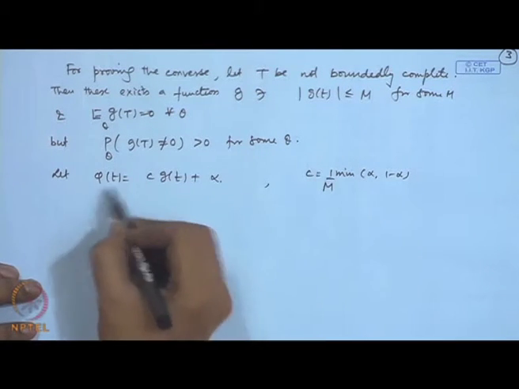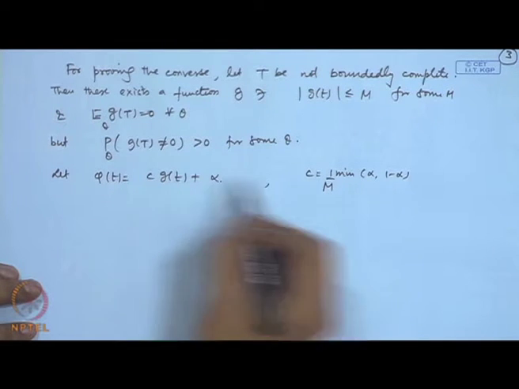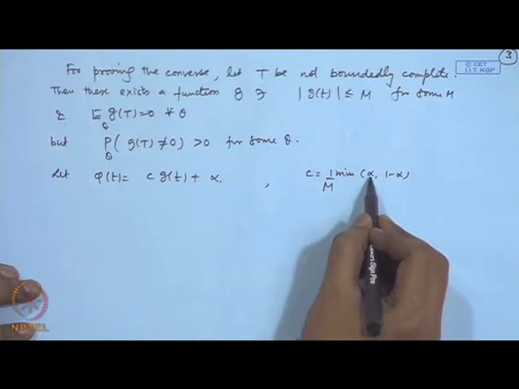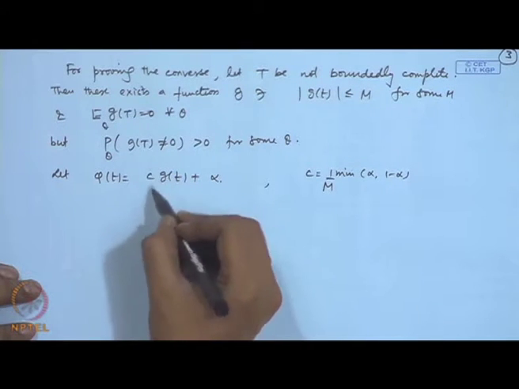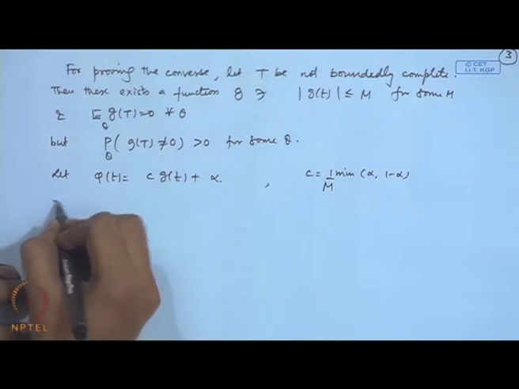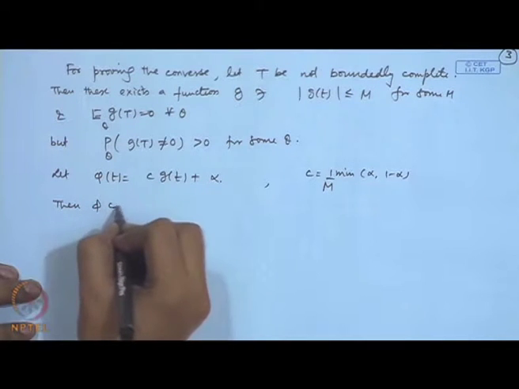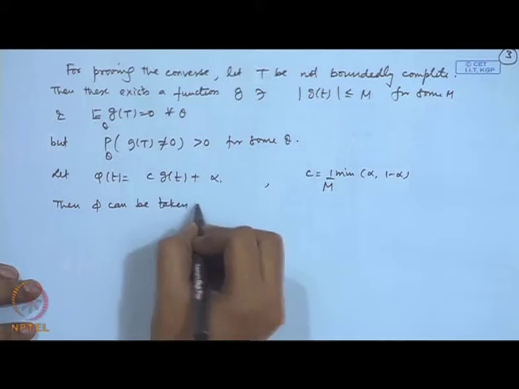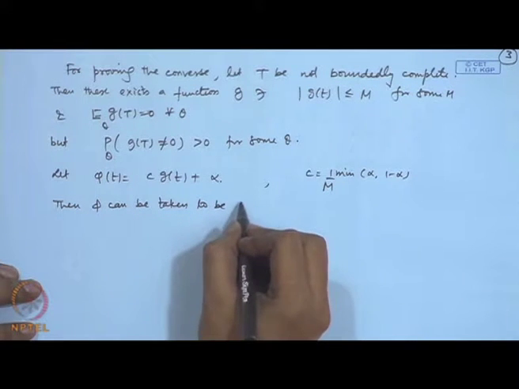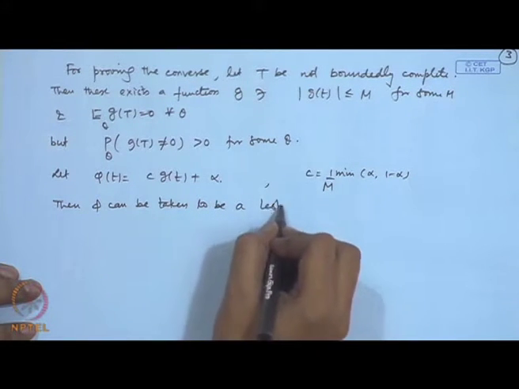Then what can we say about phi? See, c is the minimum of alpha and 1 minus alpha by m, and g t is bounded by m. So, this phi t becomes a test function.